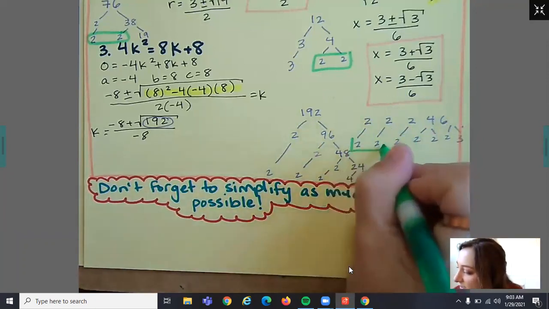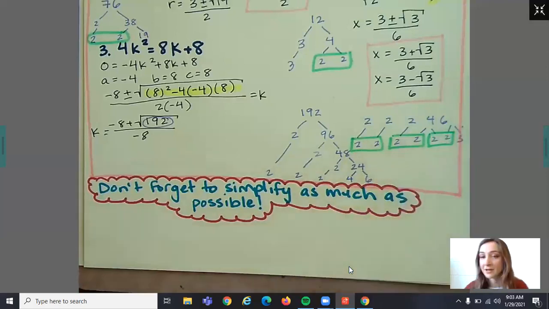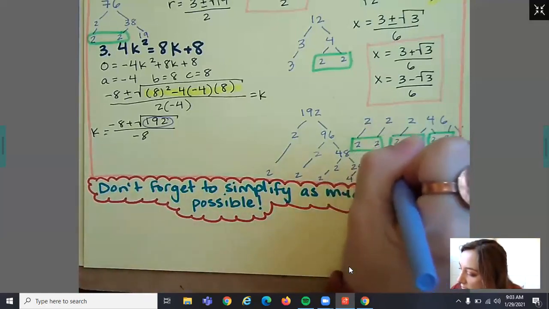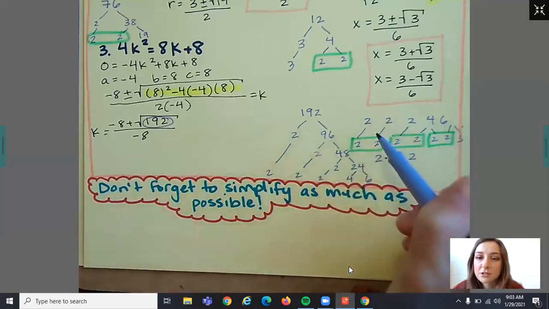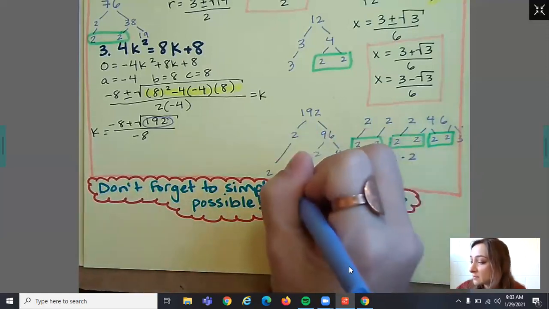We have a pair of 2's right here, a pair of 2's here, and a pair of 2's right here. So what we're going to be pulling out is 2 times 2 times 2, just taking out one of each, and it's all multiplied because a factor tree is multiplying.